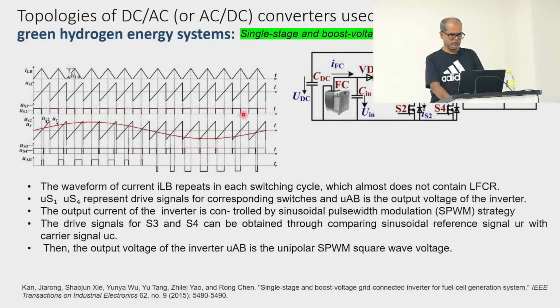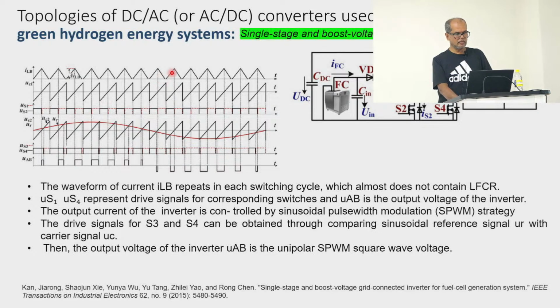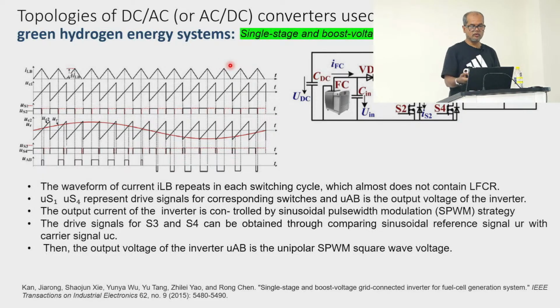The good thing is that you can still see the inductor waveform, which does not have a low frequency current ripple. So in that sense, it actually provides a good output.